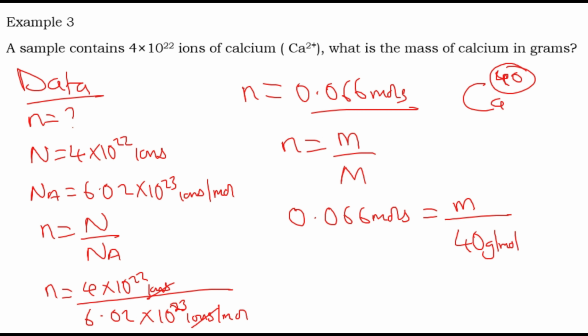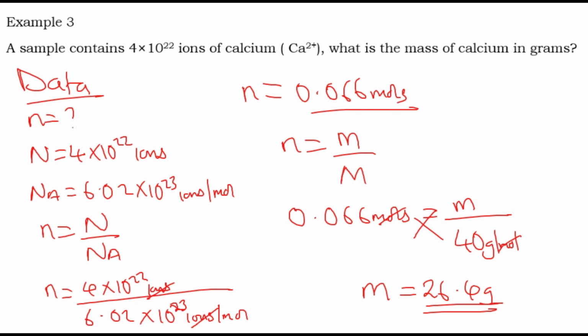So where do you get the mass numbers? You get them on the periodic table. Some periodic tables show the mass number at the bottom, others show the mass number on top. Okay, so when you cross multiply, number of moles get cancelled. What are we getting when you multiply? You get mass as 26.4 grams. And this is where our lesson ends.